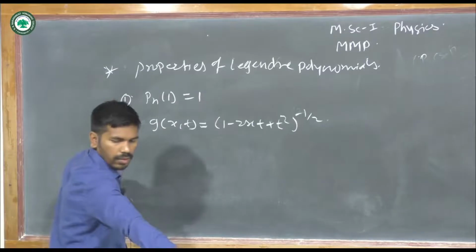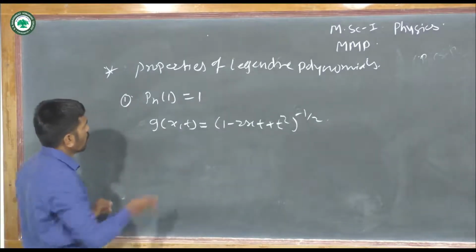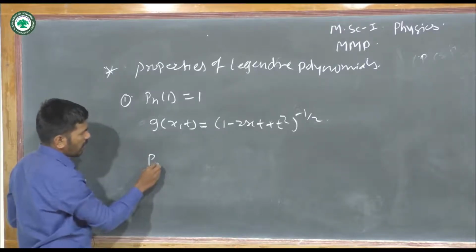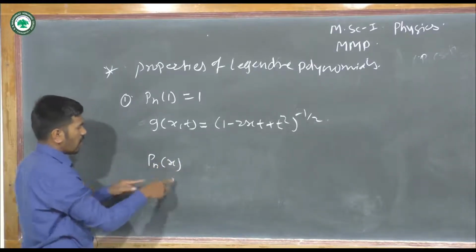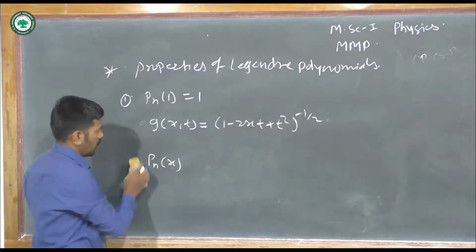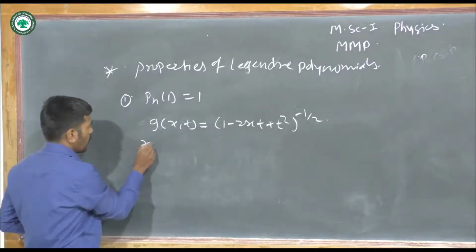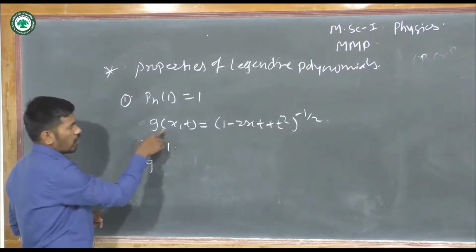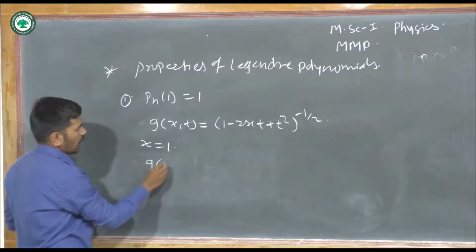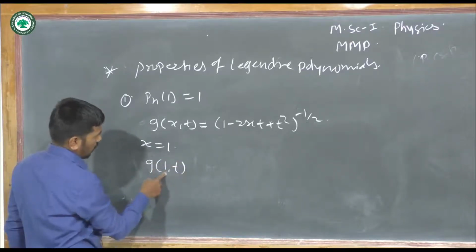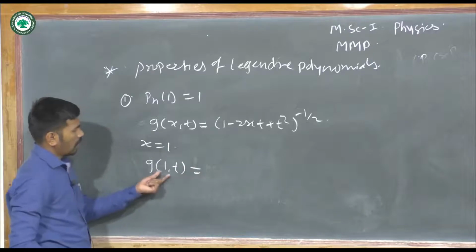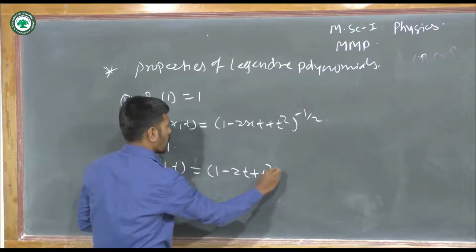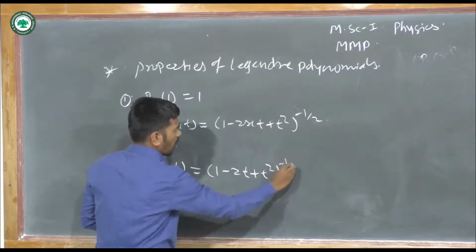Sorry, one mistake: generally polynomials we write like this, P n of x, so this x is here 1. So x is equal to 1. If I put x equal to 1 into the generating function, g(1, t) is equal to (1 minus 2t plus t square) power minus half.